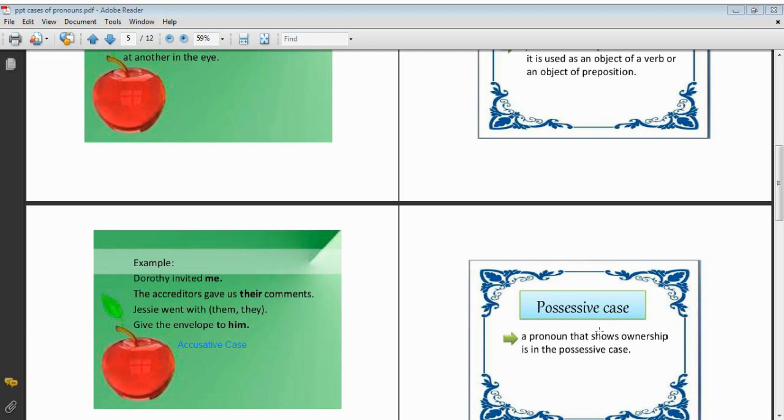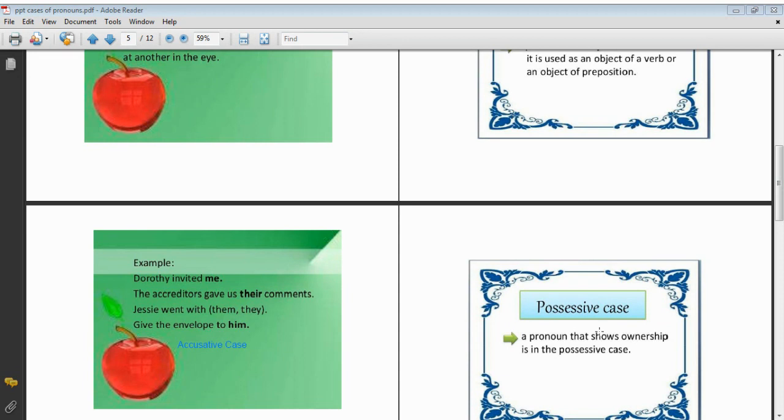"The educators gave us their comments." If "us" is underlined in this sentence, "us" is the objective case of "we." I told you that the plural nominative case is "we" and the objective case of "we" is "us." So "us" is acting as an object here.